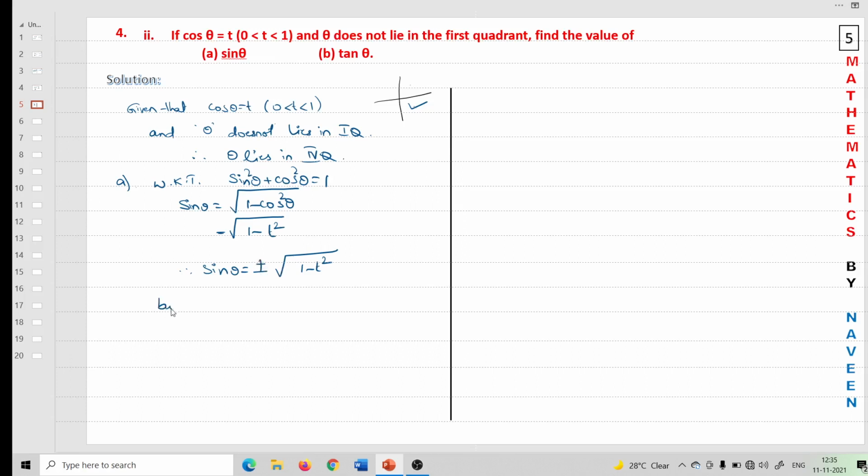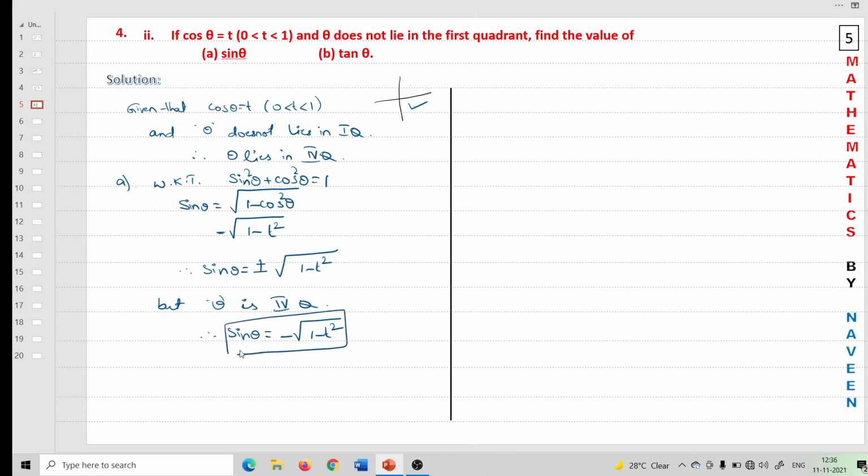But theta is in the fourth quadrant. Therefore, in the fourth quadrant, sin values are negative. So sin theta is minus of square root of 1 minus t square.